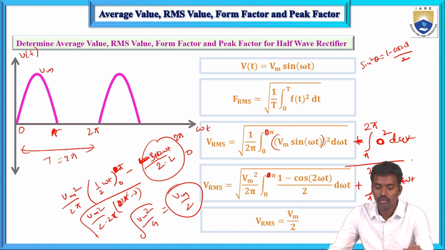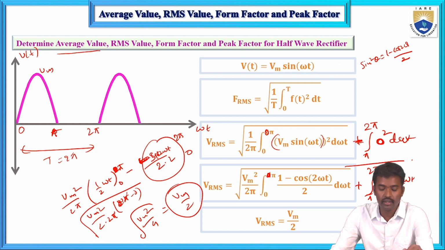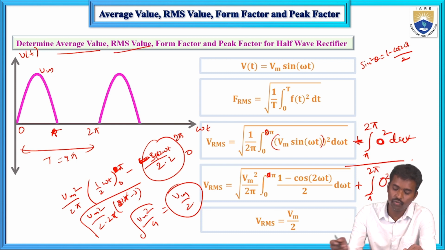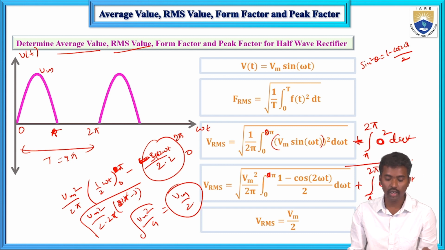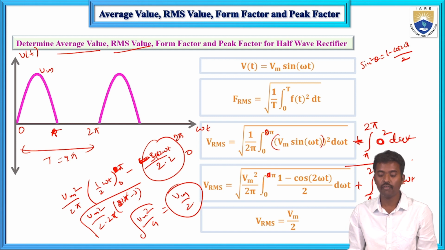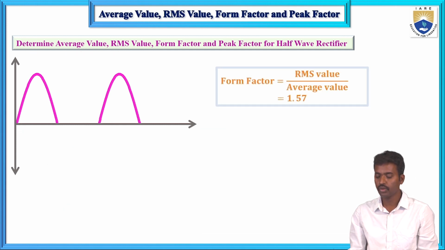Now this is the average value, that is Vm by pi, and RMS value Vm by 2, and form factor equals RMS value to the average value. The ratio of RMS value to the average value is known as form factor, and peak factor means the ratio of the peak value to the RMS value is known as the peak factor.